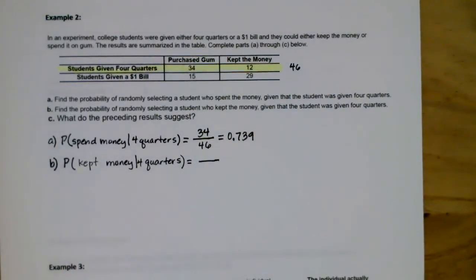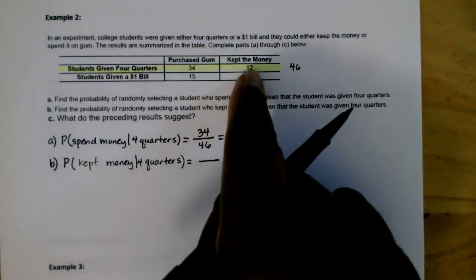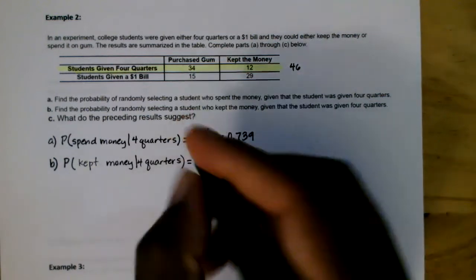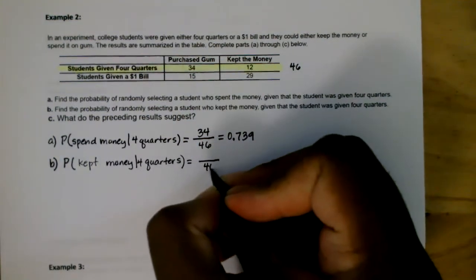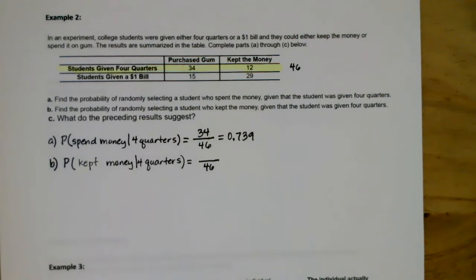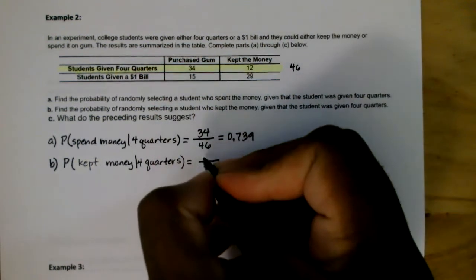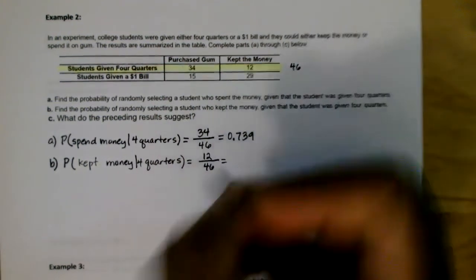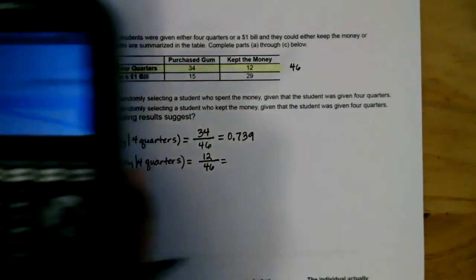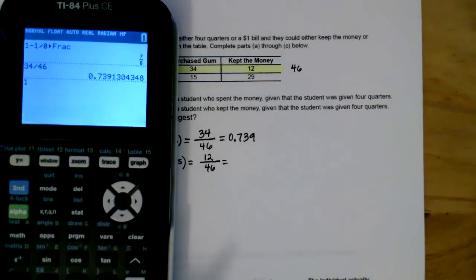Given that the student was given 4 quarters, we're only going to focus on that row right there. That total is 46. That would be your denominator. And out of the 46 students that were given 4 quarters, how many kept the money? In this case, 12. So that's 12 out of 46. If I do 12 divided by 46 to 3 decimal places, this will be 0.261.